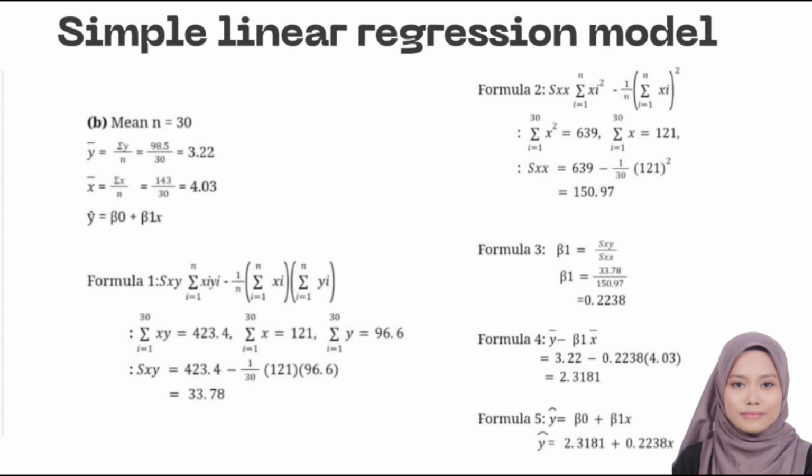We use formula 1, which is Sxy equals summation of xi yi minus 1 divided by n, open bracket summation of xi close bracket, open bracket summation of yi close bracket.